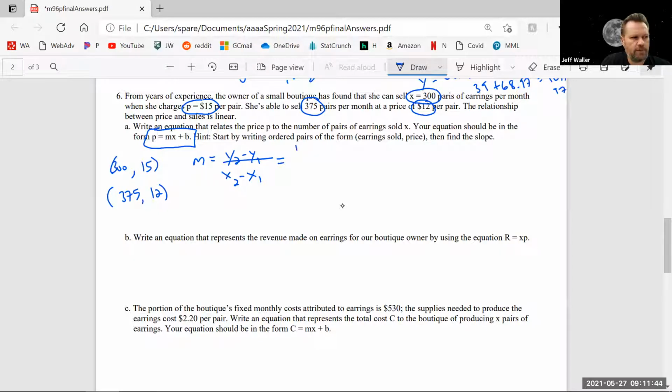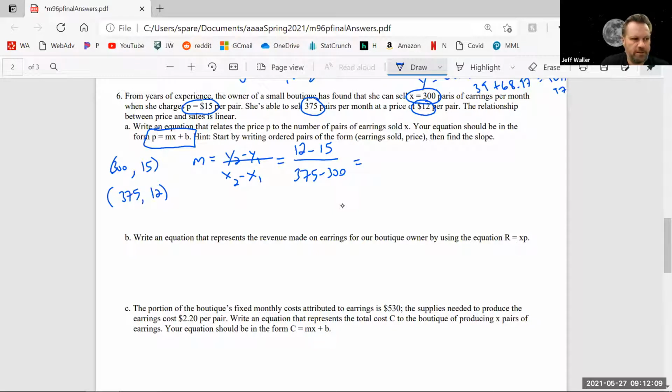So let's see, I do 12 minus 15, the difference in the y's, because y's rhymes with rise, and the top of the slope is rise. And then I have to do 375 minus 300, so I go in the same direction. Right. Get something very yummy here.